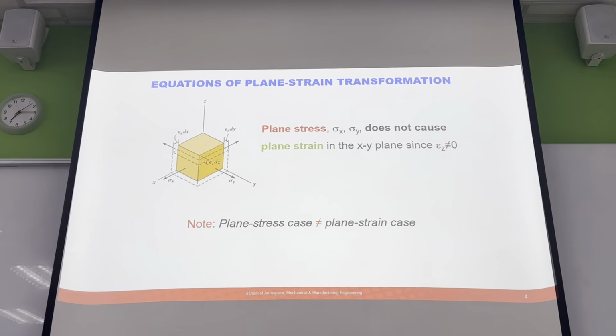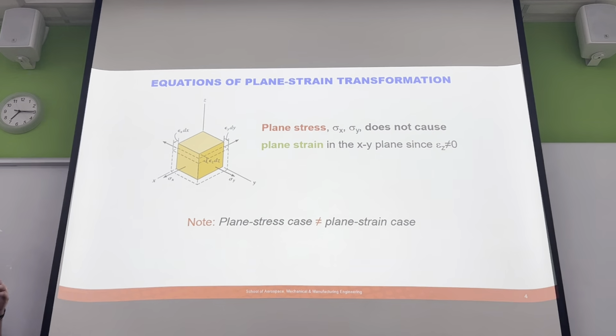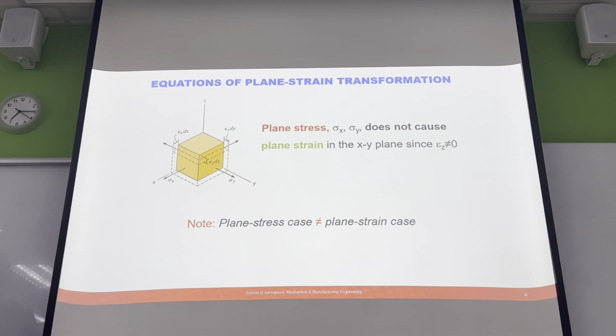If we have plane stress, on the other hand, plane stress is when we have zero force in that direction, or zero load, I'm going to say, actually. Zero load in that z direction.